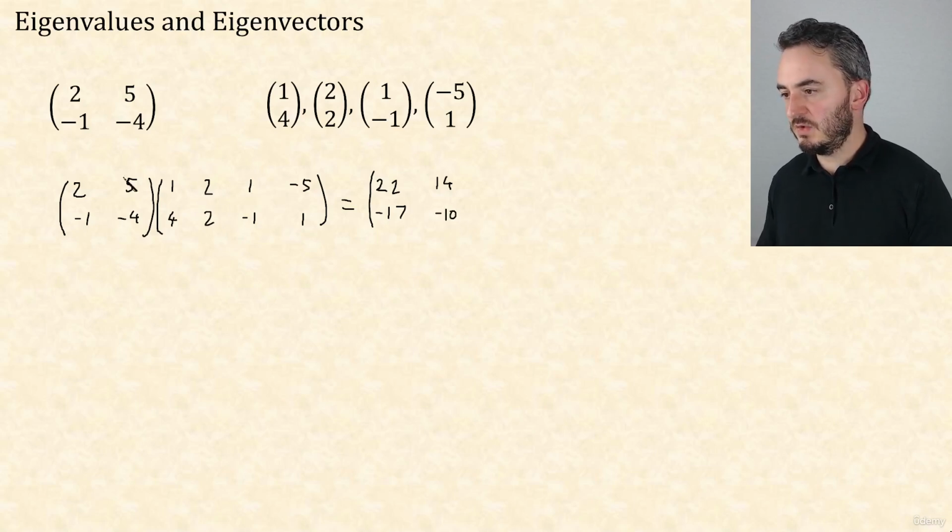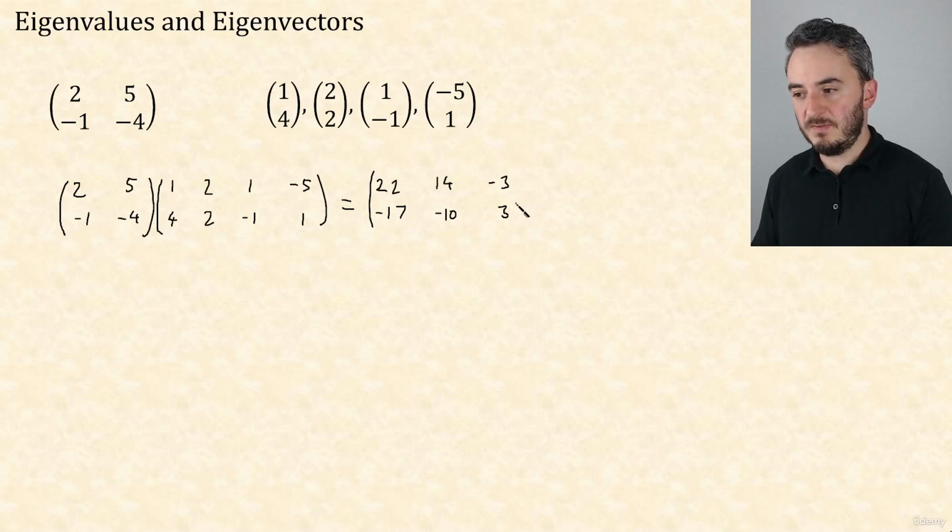What about (1, -1)? Well, I get 2 minus 5, so that's minus 3. And then minus 1 plus 4, that's 3. Something interesting happened there. The relationship between the original position (1, -1) is the same as the relationship between (-3, 3), in the sense that the y value is just the negative of the x value.